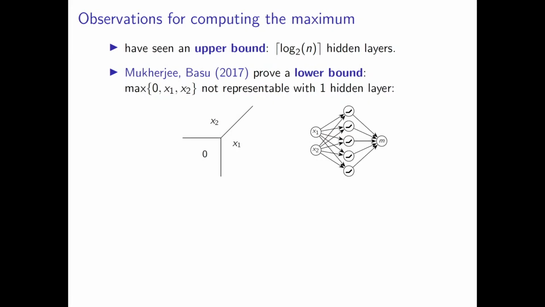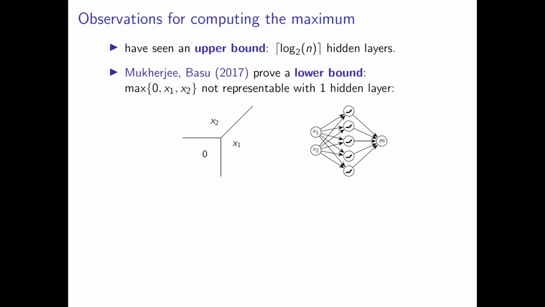So why can I not represent this function with a one hidden layer ReLU neural network? If you think back to this 3-dimensional plot that I showed in the very beginning, I said every neuron divides the input space in 2 half spaces. So it's one line in 2 dimensions, it's just one line.